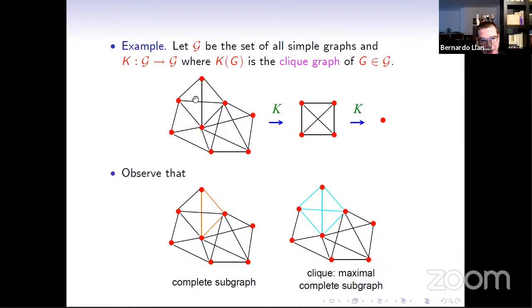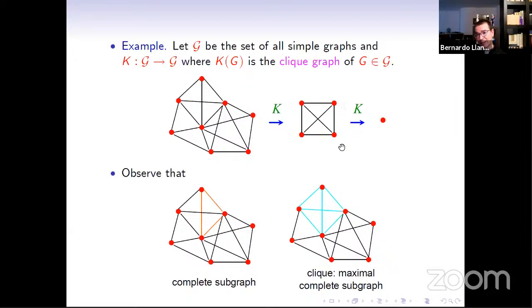You put a vertex for each clique, and take the so-called intersection graph, which means that if two cliques intersect in at least one vertex, maybe more, then you put an edge.